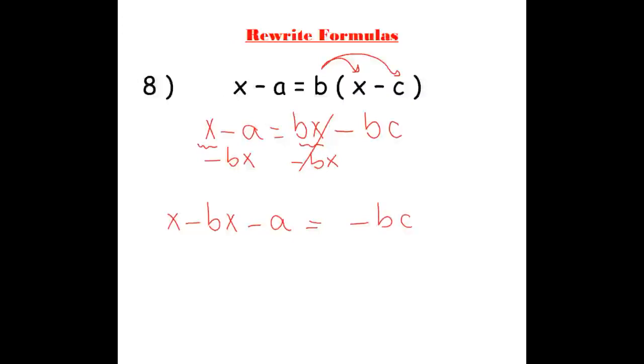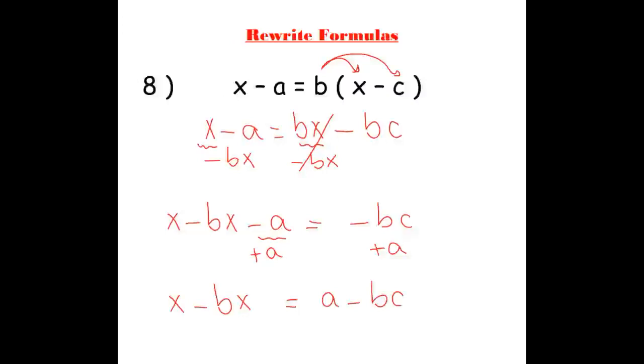But still here I have a, and a is not a friend of x, so it will go to the other side. So I will add a to both sides. So x minus bx equals a minus bc.